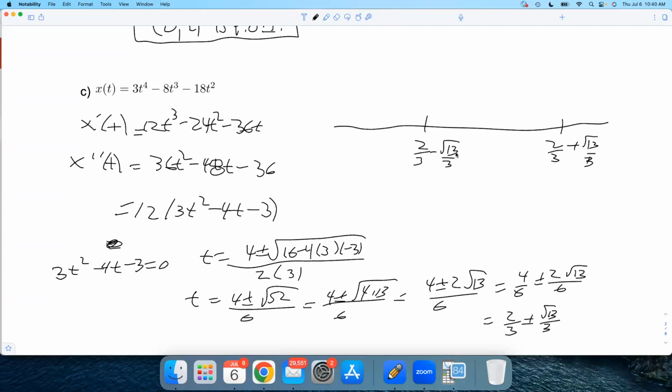Okay, so root 13, that's smaller than 4. So let's just call that like 4/3. 2/3 minus 4/3 would be negative 2/3. I'm just looking for anything over here. So I could be like -5, which is definitely smaller than that, and plug that in here and see what we get.